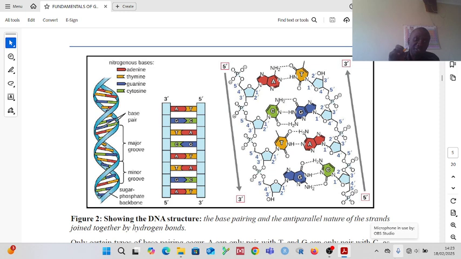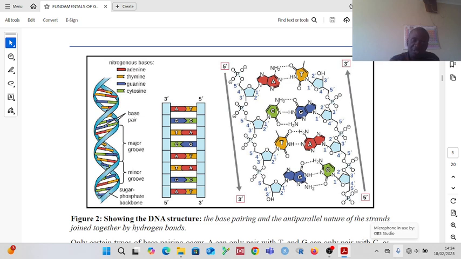Okay? The strand that I gave as the initial single strand was A, C, T, A, G, C. Where A is, that's the 5 prime. Where C is, that is the 3 prime. What you are required to do is to use the principle of base complementarity to create a double strand.